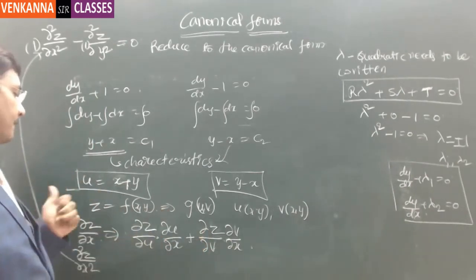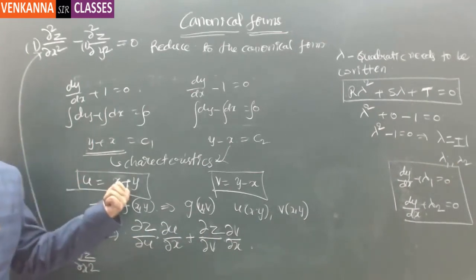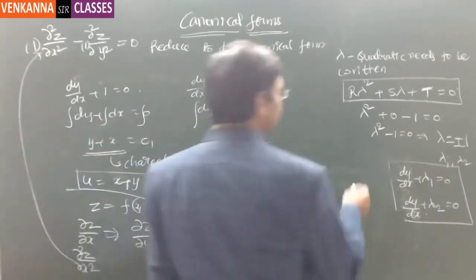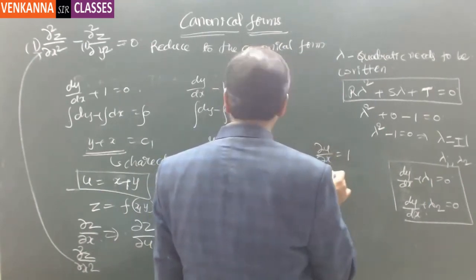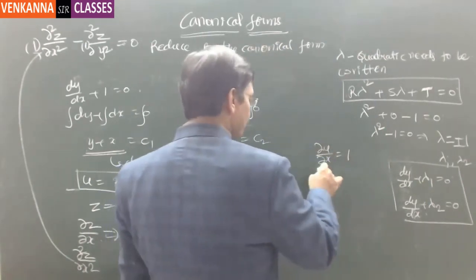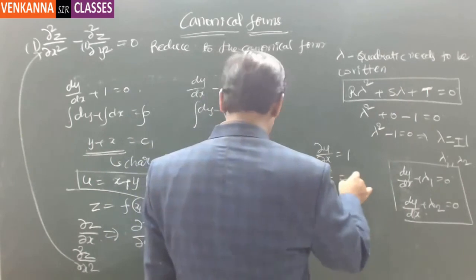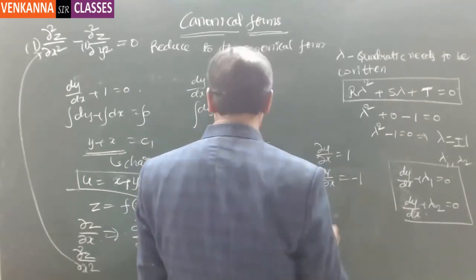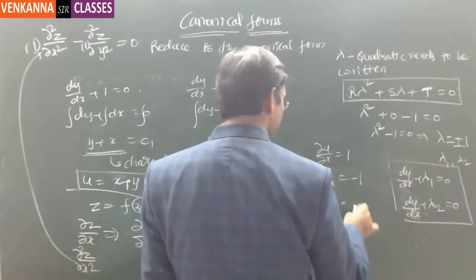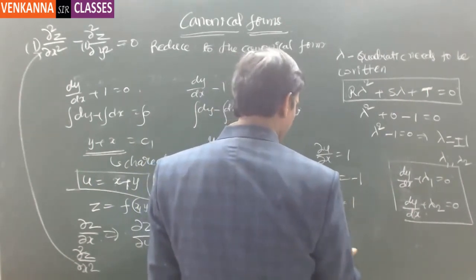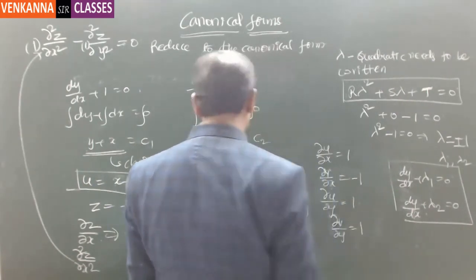Now from there, u is equal to x plus y, then ∂u/∂x is equal to 1, and ∂v/∂x is minus 1, and ∂u/∂y is equal to 1, and ∂v/∂y is equal to 1. Right?